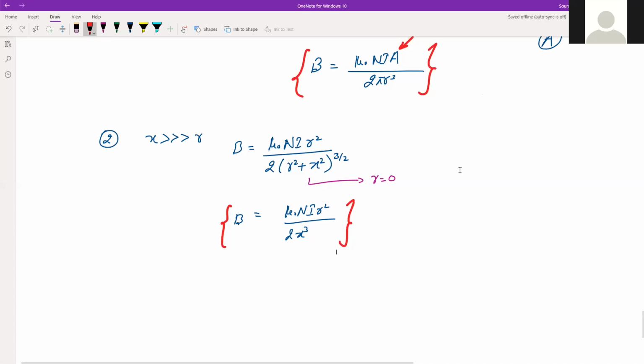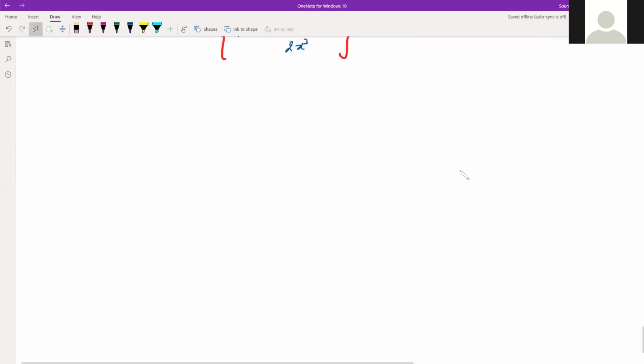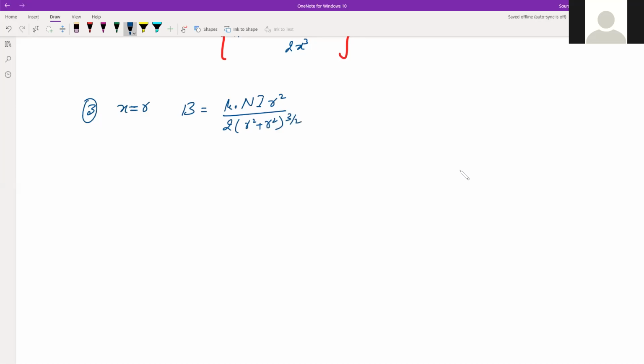There is one more special case, sometimes it is asked, that is when x is equal to r, that is, at a point whose distance from the center of the coil is the same as the radius of the coil. In that case, B will become mu naught n I r square divided by 2 into (r square plus r square) to the power 3 by 2.